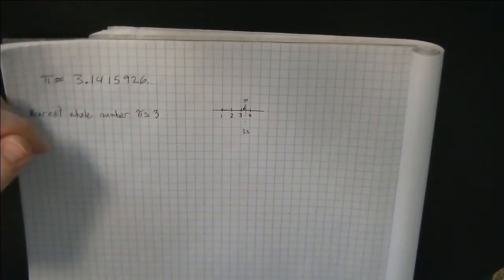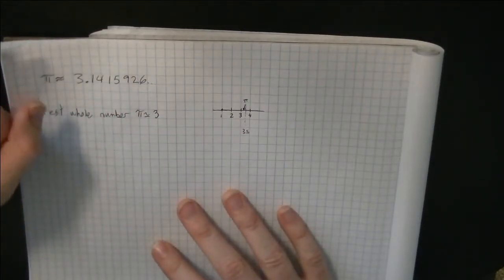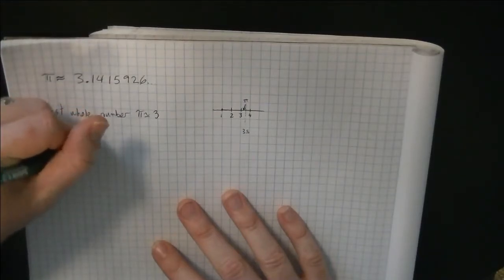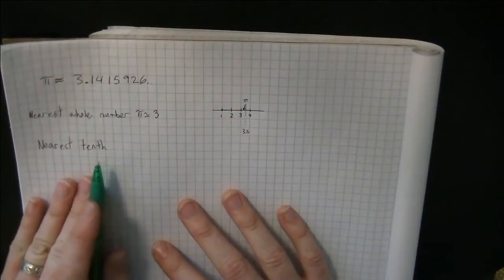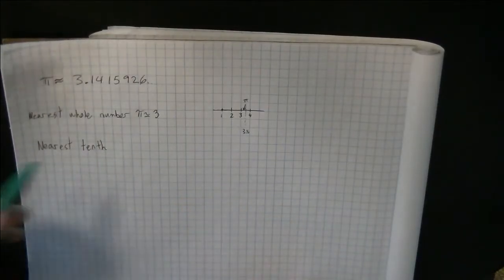What about to the nearest, well, let's try one more. Another simple one, to the nearest tenth. Okay, so make sure that you know the place value names. That's important so that you can do this.